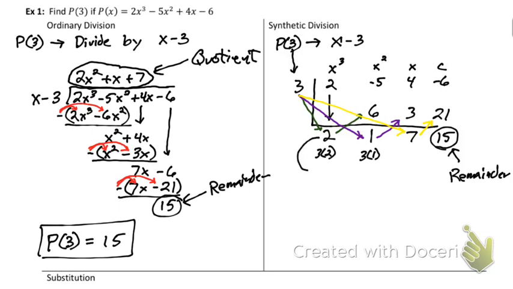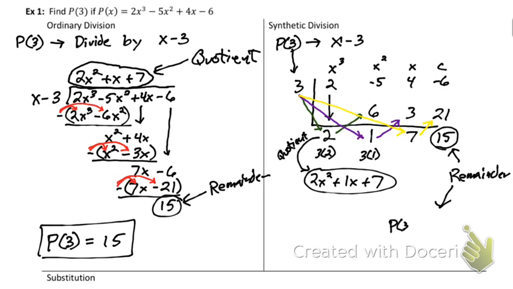So your quotient is actually right here: 2x squared plus 1x plus 7. The remainder is the most important part right now because that means P of 3 equals 15.